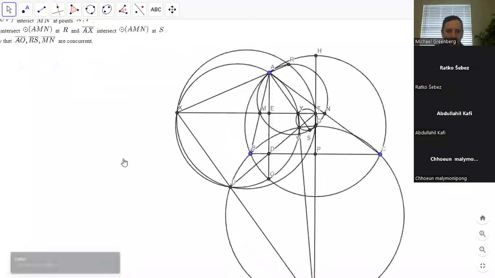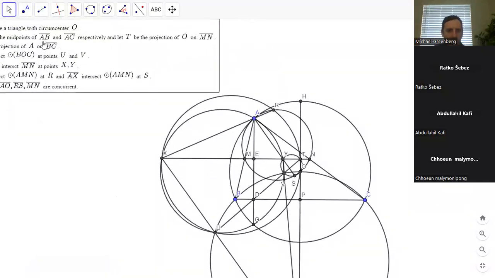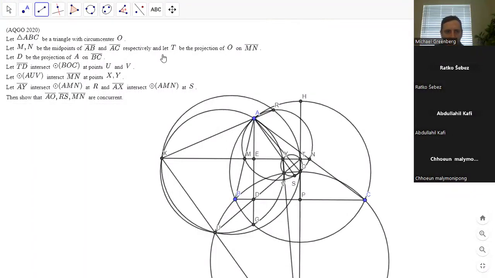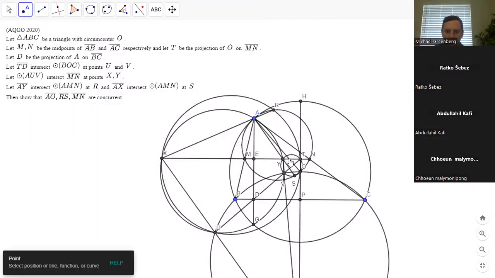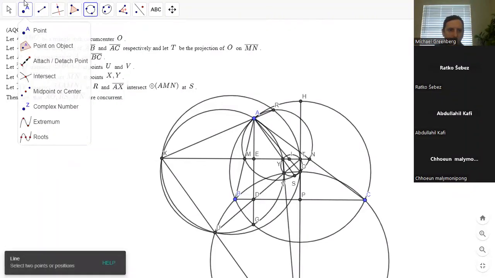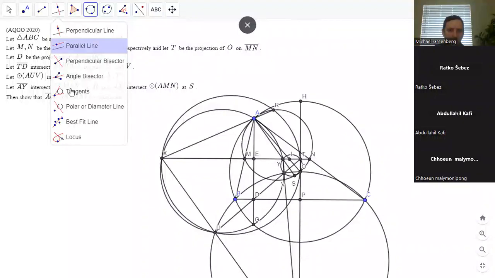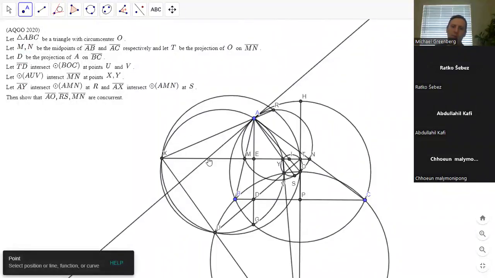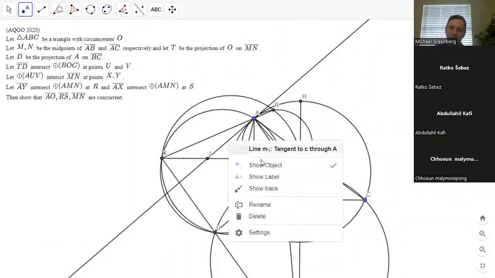So, let's see. AO. And I can draw the tangent. And this is going to be tangent to both circles, obviously.